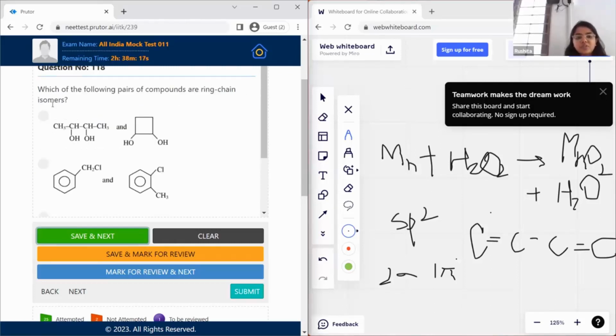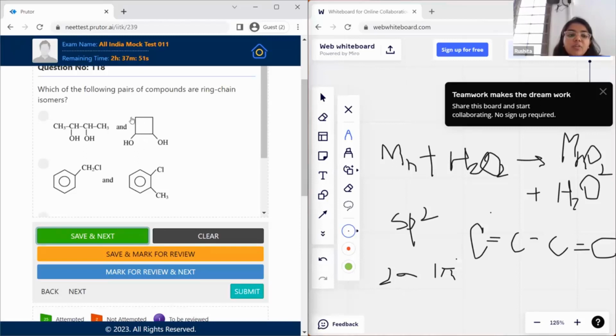Okay, ring chain isomers. Isomers are basically compounds in which the molecular formula is the same, but the structure changes. And ring form means one form should be the ring structure. So here, if we see, the number of hydrogens here is 8, the number of carbons is 4, and 2 OH are there.